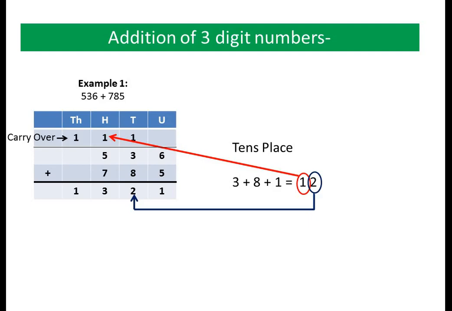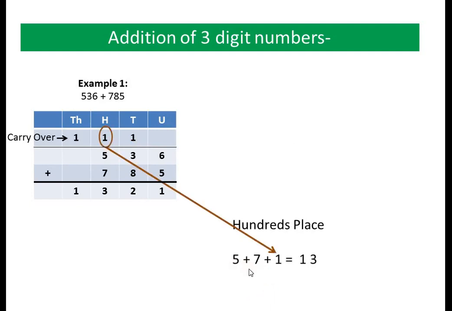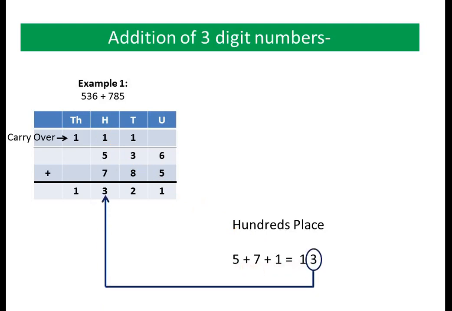Then the addition of hundreds place, that is 5 plus 7 and add 1 which was carried over from tens place. So 5 plus 7 plus 1 is equal to 13. We write 3 in hundreds place and 1 is carried over to thousands place.